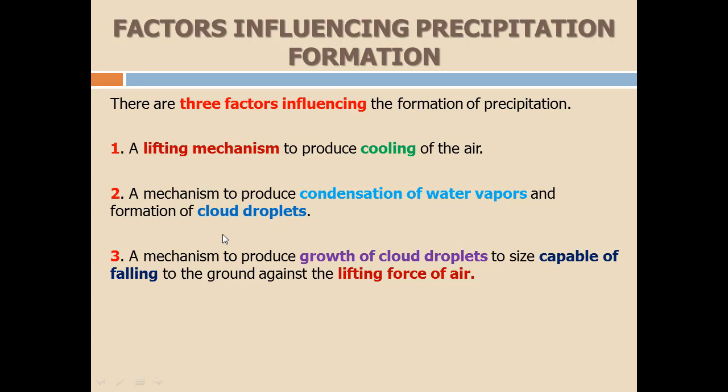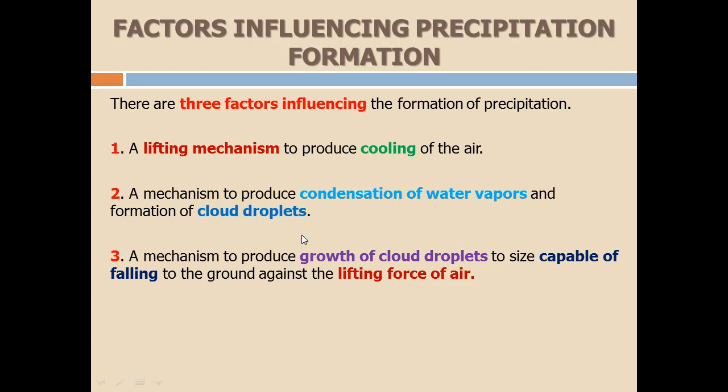Dew point temperature is the temperature at which the moisture present in the air is able to convert into liquid form. So when the temperature reaches the dew point, then cloud droplets form, minute particles of water or solid ice form. This is known as condensation.